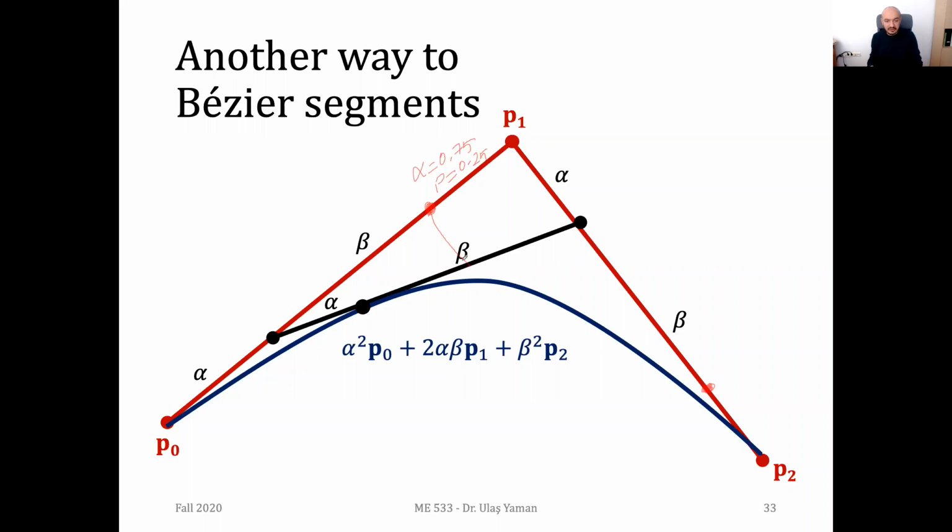Oops, it's quite difficult to draw. But that should actually touch the curve somewhere there. Yes, that's it. And if you again find the point on this curve where alpha is equal to 0.75, then that will be somewhere here.